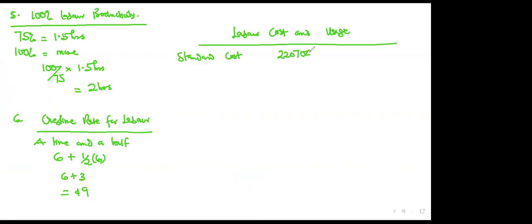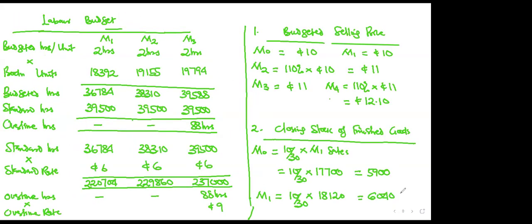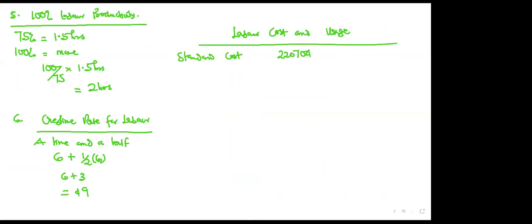Man 2 is what? 229,860. And then man 3, 237,000.